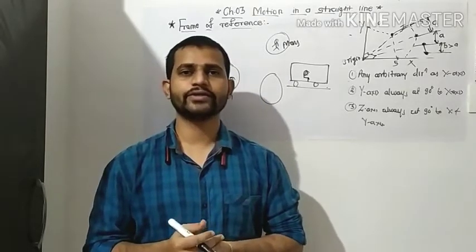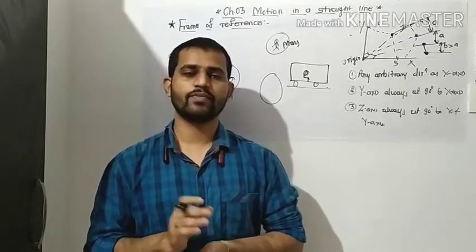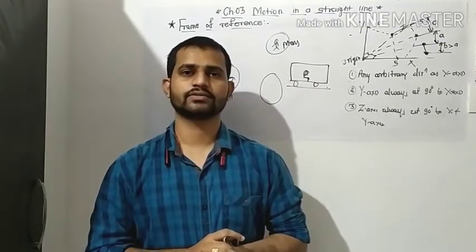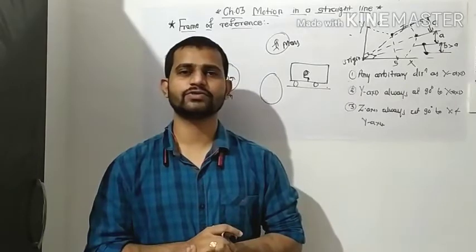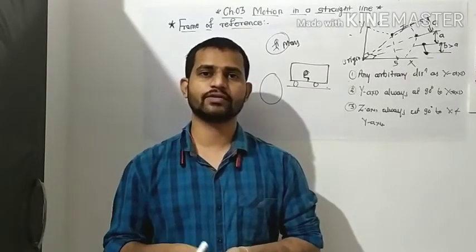Now, depending on the change in position and the change in motion, the frame of reference is again divided into two parts. The first one is the inertial frame of reference and the second one is the non-inertial frame of reference.